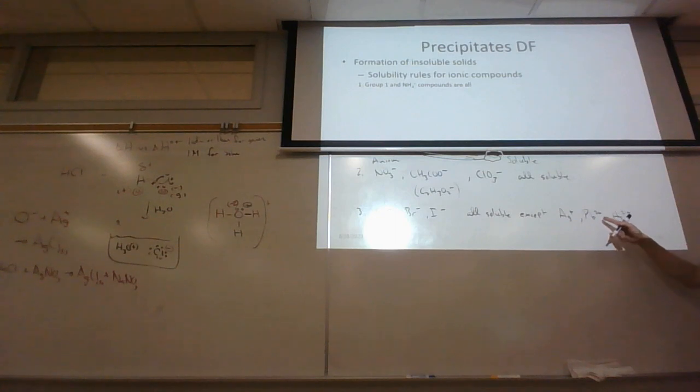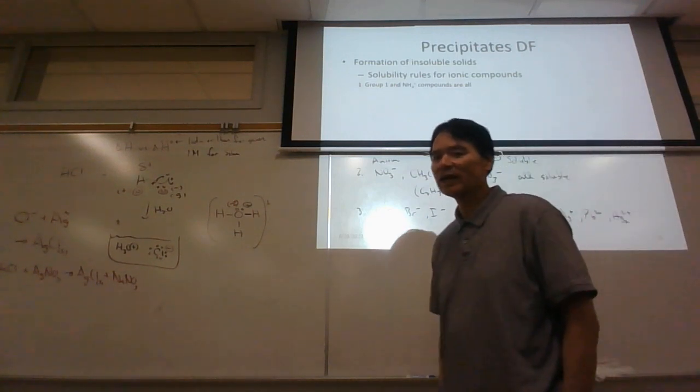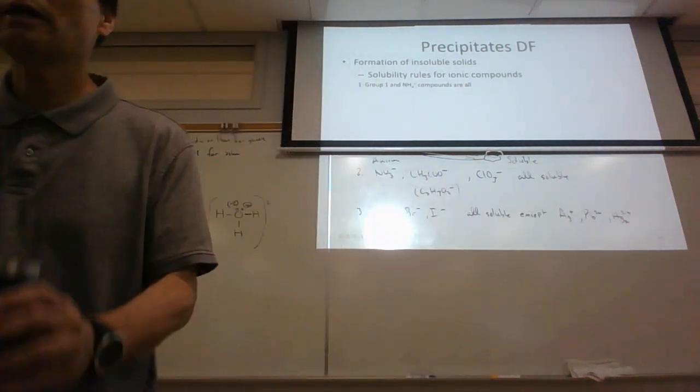Lead has two charges, plus 2 and plus 4. Just lead 2. Lead 4 is actually soluble. So lead 4 chloride is soluble, lead 2 chloride is insoluble. Bromides and iodides are the same. And what is this called? Hg2 2 plus. Mercury 1. Mercury 1 and mercury 2. Mercury 2 chloride is actually soluble. It's more molecular, we say, less ionic.